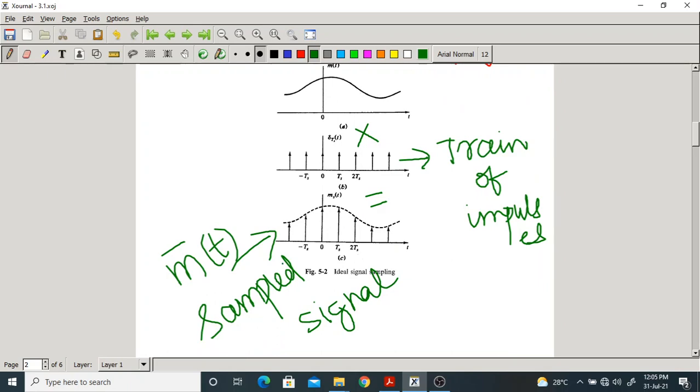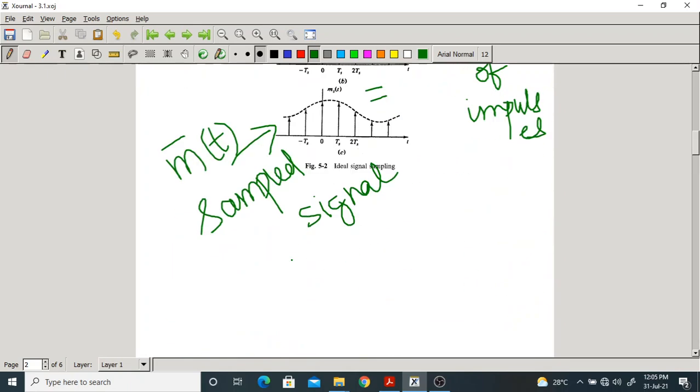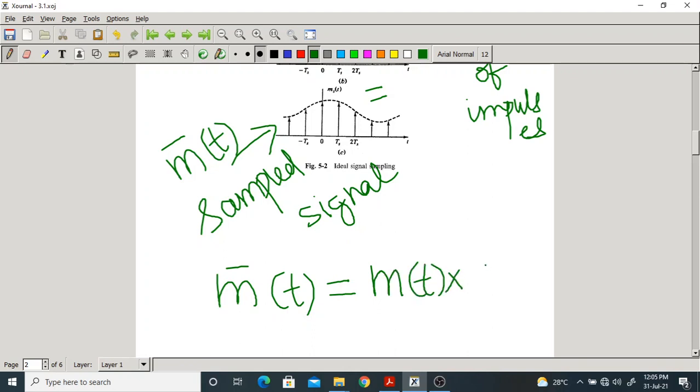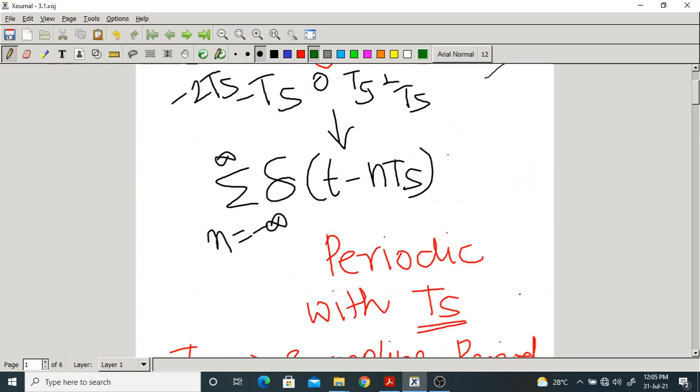That is the sampled signal. Obviously, m delta of t equals the continuous time signal m of t multiplied with the train of impulses. But what is the train of impulses? This.